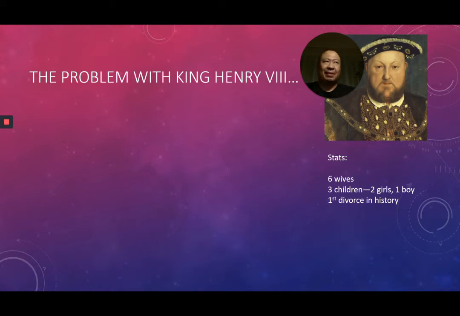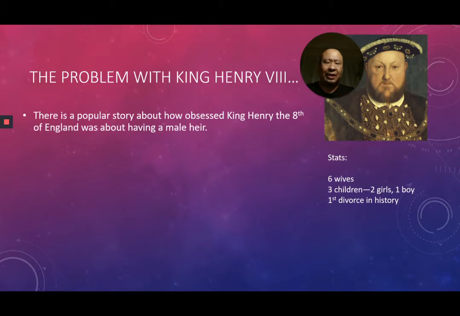And there's this kind of urban legend. The popular belief is King Henry was so obsessed with having a male heir to the throne of England that anyone who couldn't give him a male heir or a son was either beheaded or divorced or gotten rid of. History tells it a little bit differently.